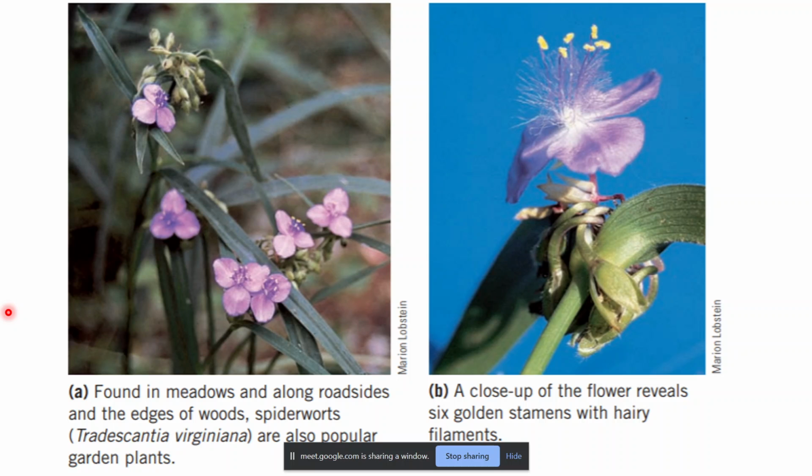Carl Linnaeus introduced a binomial system, and that system is very useful and very convenient. The binomial system gives two names for every plant.